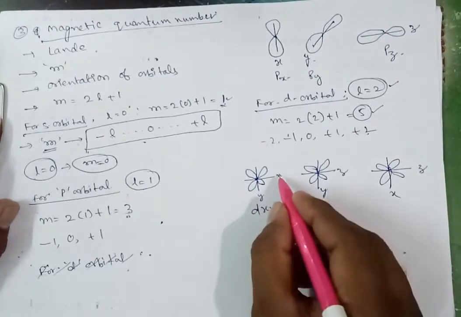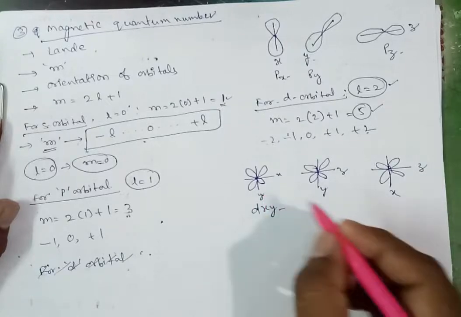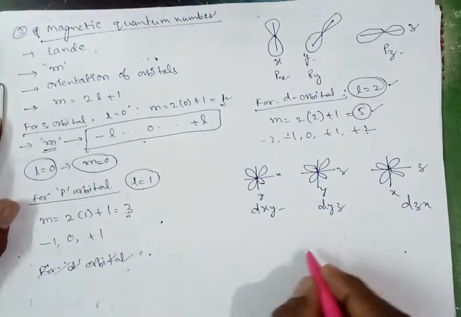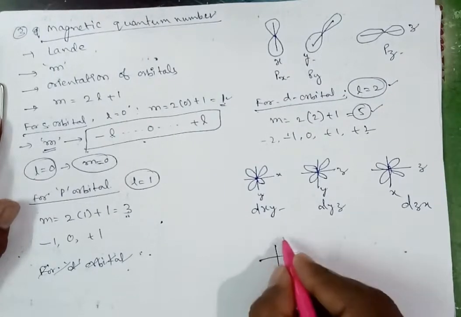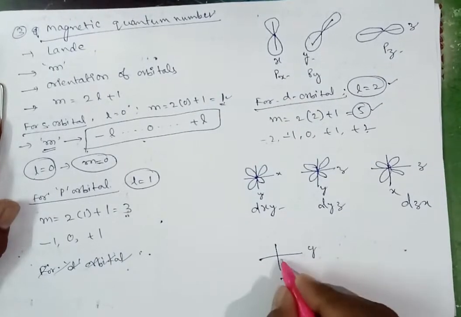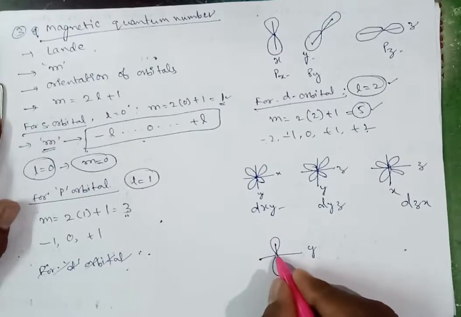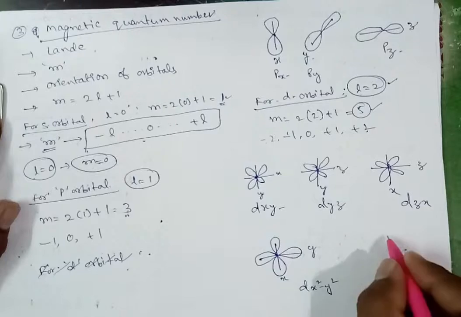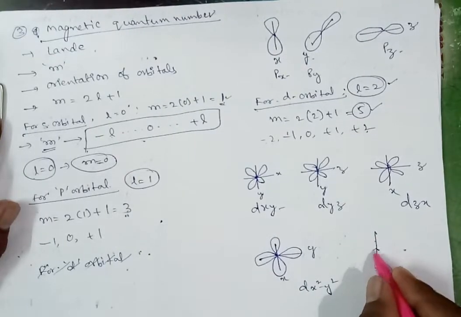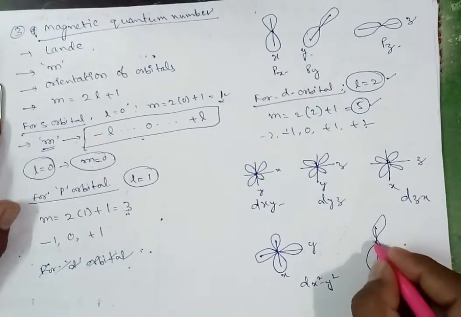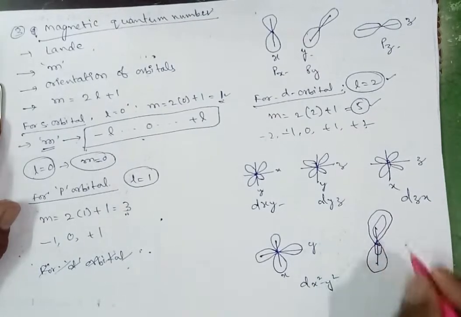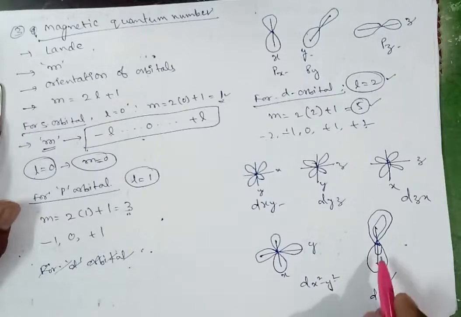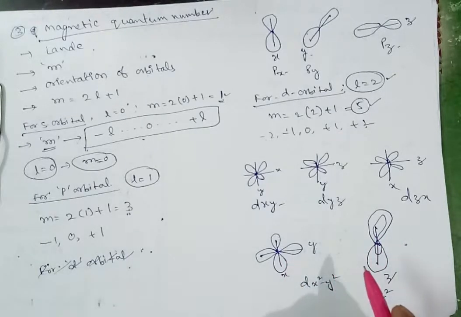It is dxy because it is arranged in between x and y. Then dyz, and dzx or dxz. There are 2 orbitals which lie along the axis: dx square minus y square, and the other is dz square orbital. When a square comes, that orbital is present along the axis.